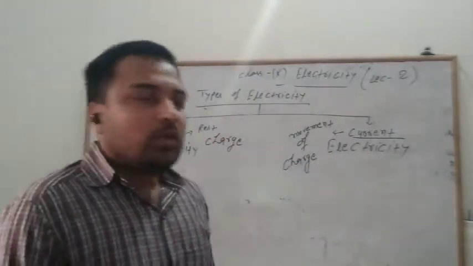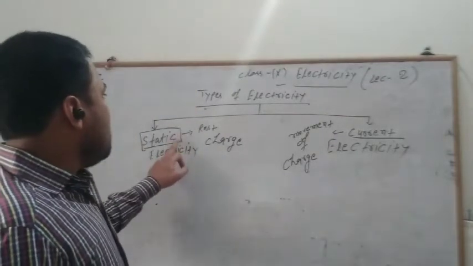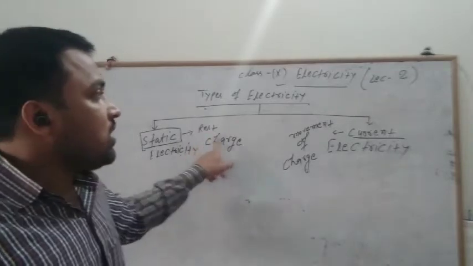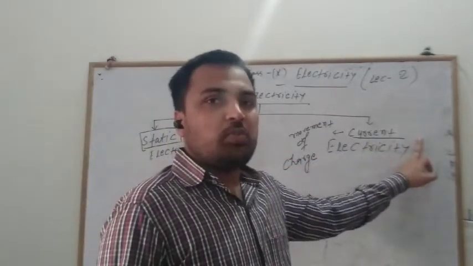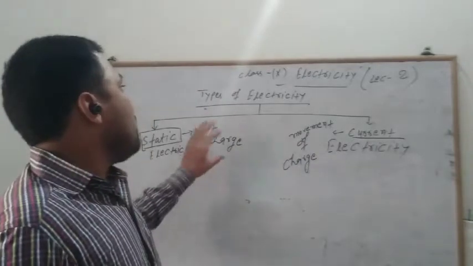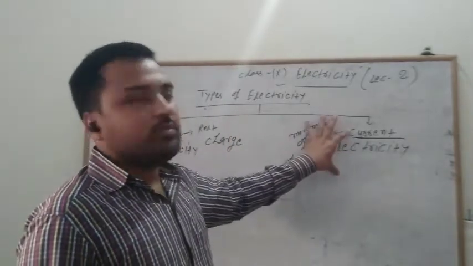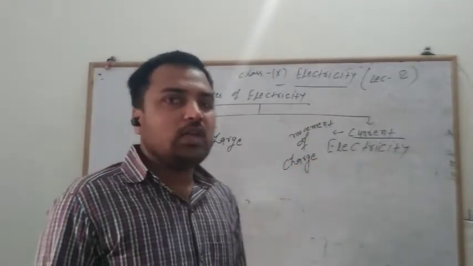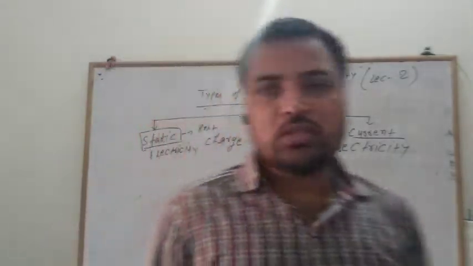Static electricity is the type of electricity due to rest charge, and current electricity is the type of electricity due to movement of charge. So what is rest charge and what is movement of charge, and how do these charges create electricity? That we will discuss.